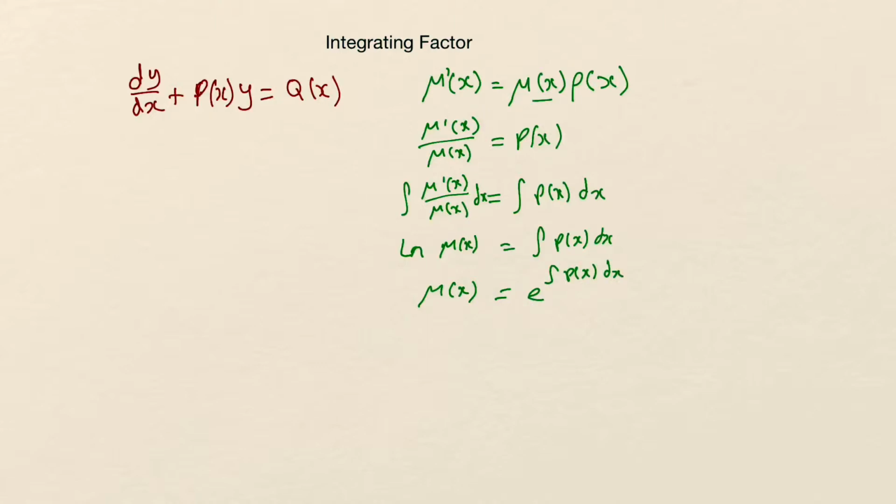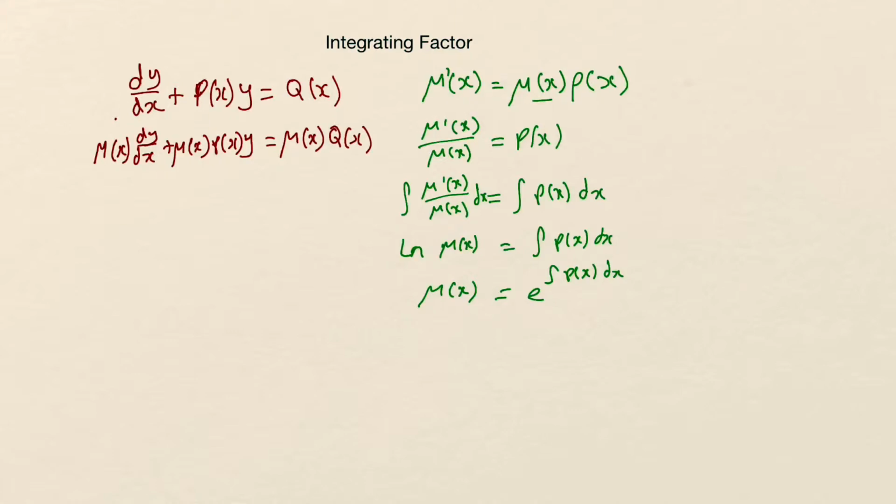So this is going to be our value of mu of x. If we go back to where we're solving the differential equation and we multiply both sides by mu of x, that'll give us mu of x dy by dx plus mu of x p of x y is equal to mu of x q of x.